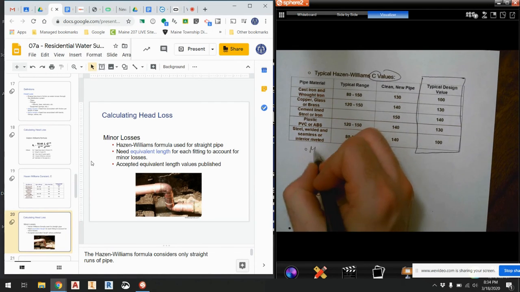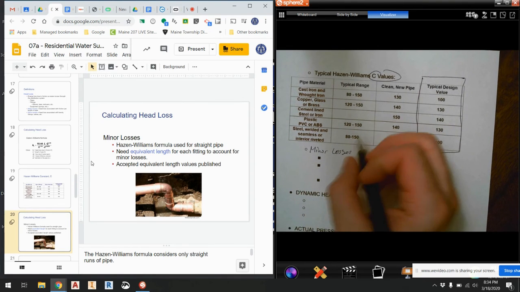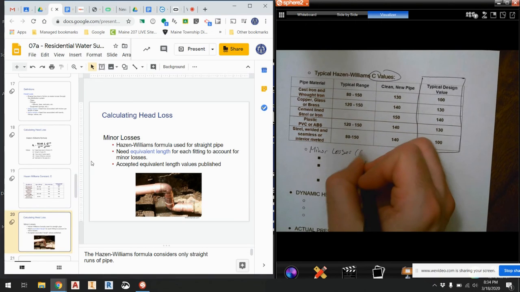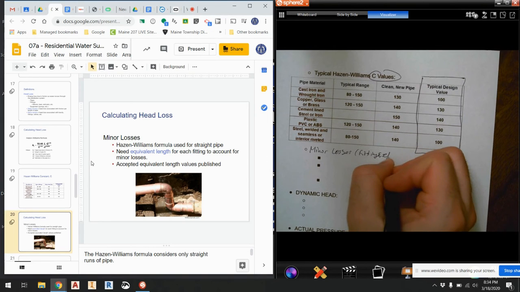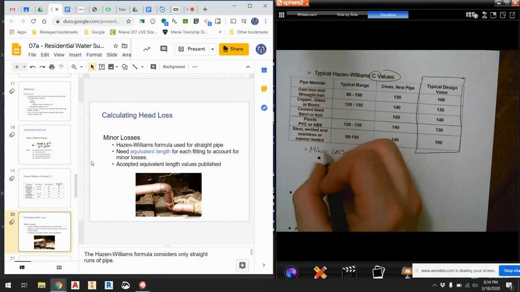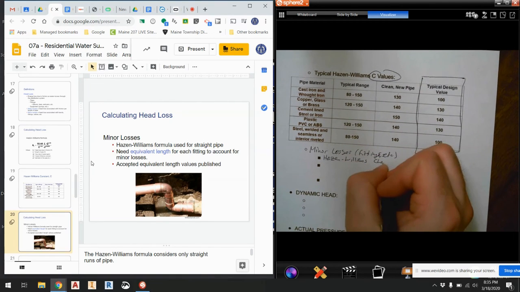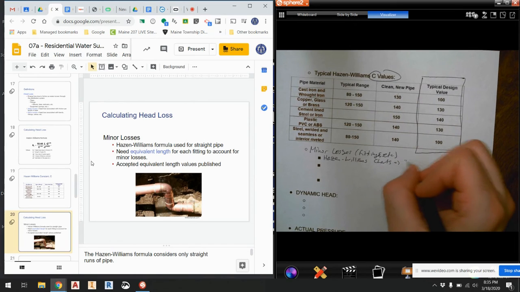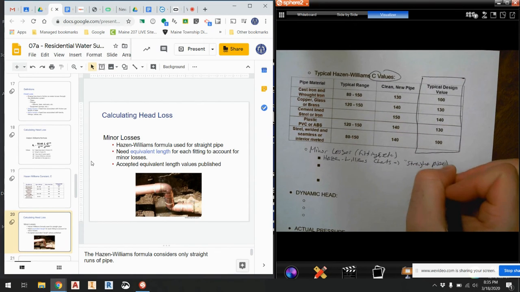All right. So the way we do that is you turn these minor losses, those are all your fittings and everything, these are fittings, etc. And we use the Hazen-Williams charts to turn them into straight pipe. So the idea is every fitting has an equivalent length of straight pipe.